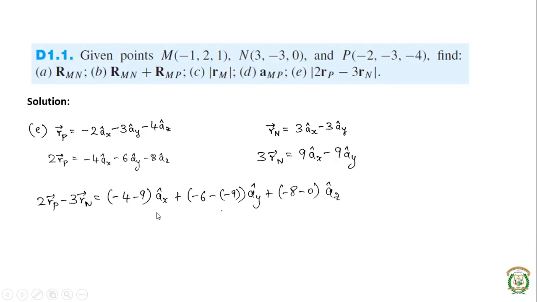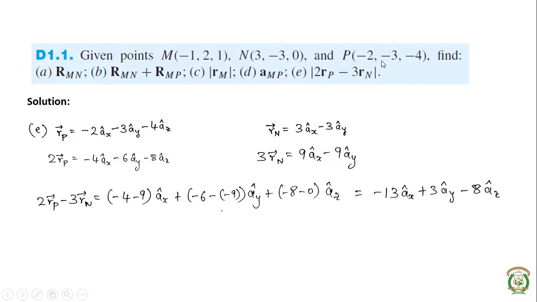So (-4 - 9) Ax, (-6 minus of -9) Ay, and since there is no Az component, (-8 - 0) Az. If you simplify this, -4 - 9 is -13, -6 minus of -9 is -6 plus 9, which is +3, and -8 - 0 is -8Az. So 2Rp minus 3Rn is -13Ax plus 3Ay - 8Az.